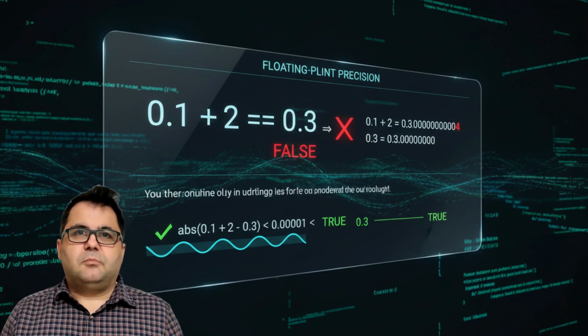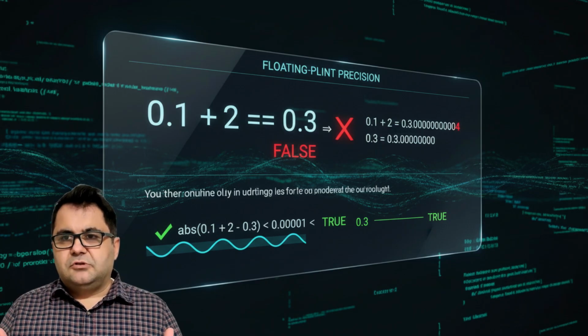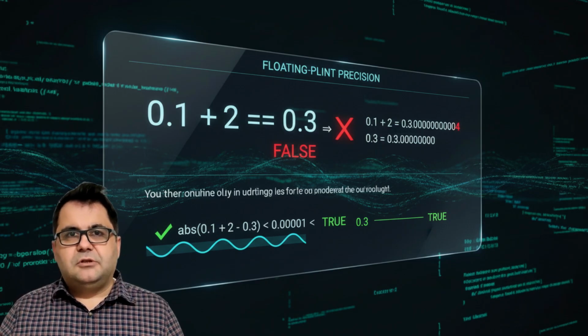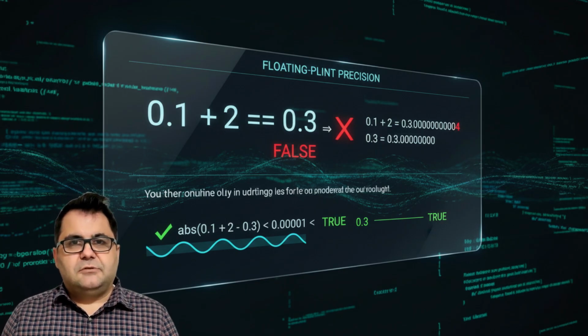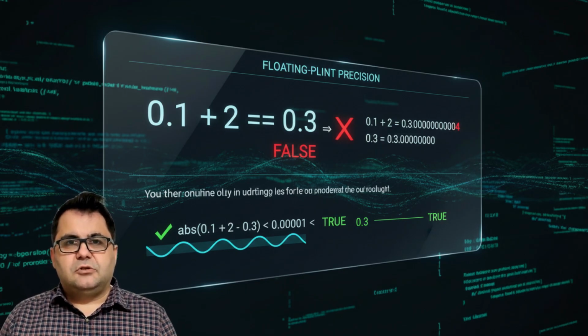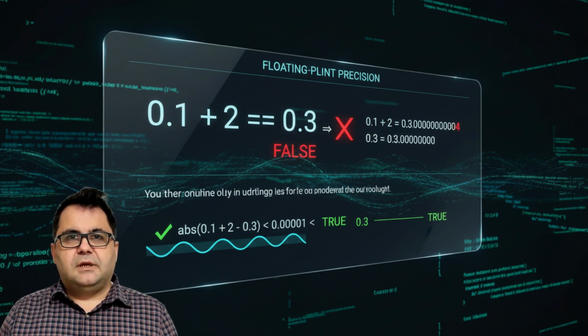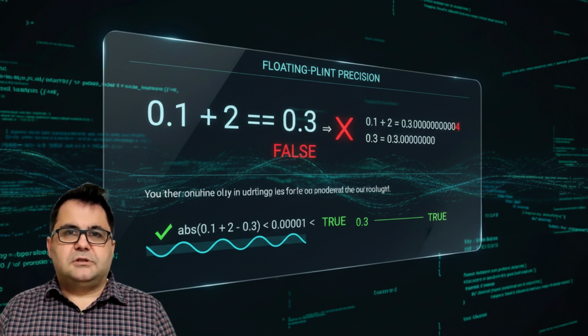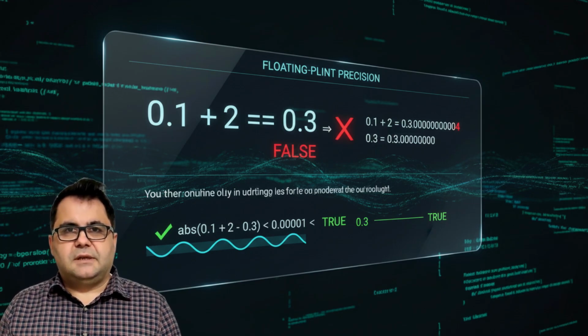The result is 0.30000000000000004. This means you should never compare floats with double equals. Instead, check if the difference is smaller than a tiny threshold. For our platform, we'll round values appropriately for display and use proper comparison techniques. This isn't a PHP problem, it affects every programming language.